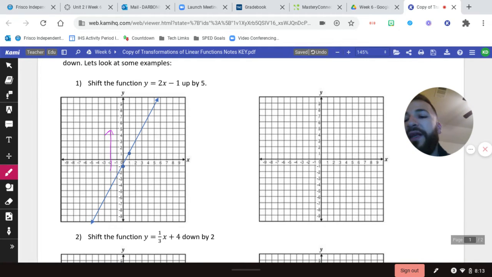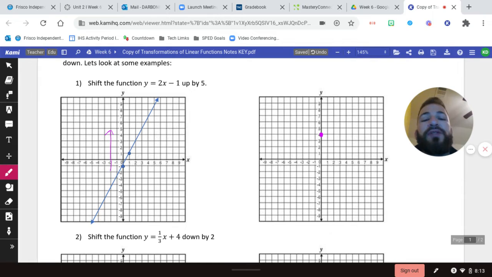Wherever my y-intercept is, it should move up by exactly 5 points. So all of the points on my line are going to move up by 5. If my new y-intercept is at 4 instead of -1, because -1 plus 5 is 4, I can keep everything else about my line the same.